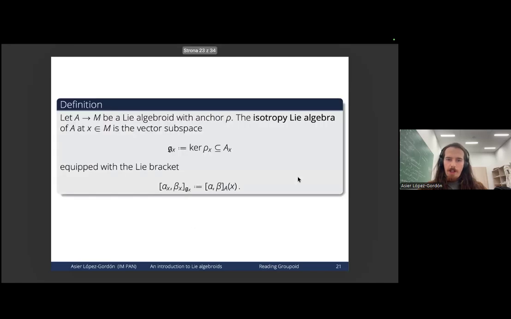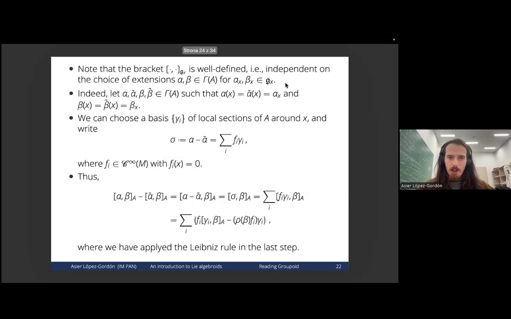By well defined, I mean that for any pair of sections that, evaluated at the point x, are these elements of the algebra, I will obtain the same result. So we consider sections alpha and alpha tilde, beta and beta tilde, such that alpha and alpha tilde at the point x are alpha x, and the same for beta.